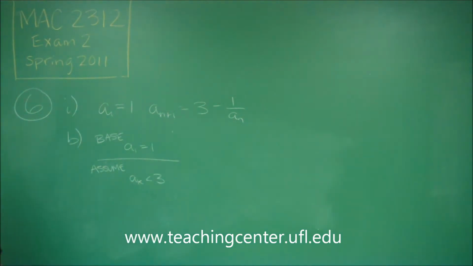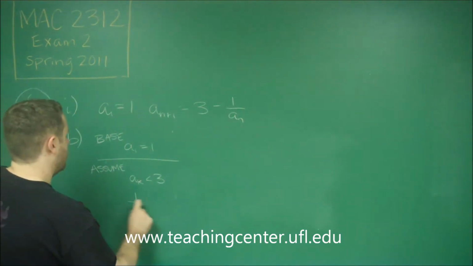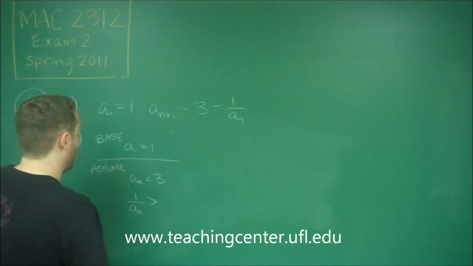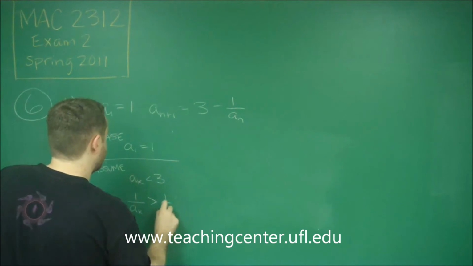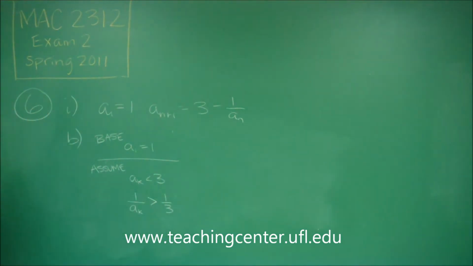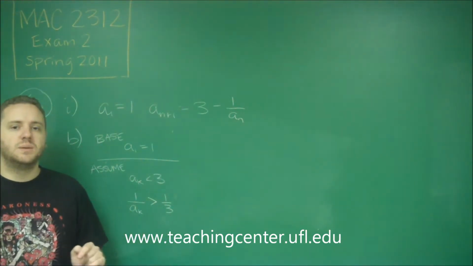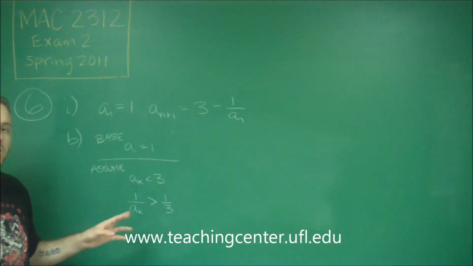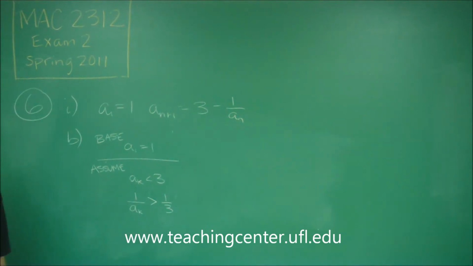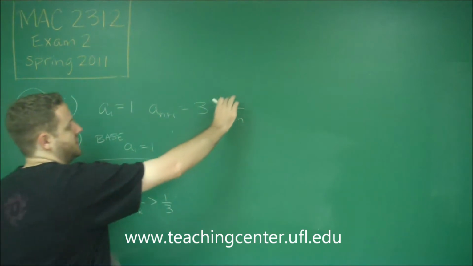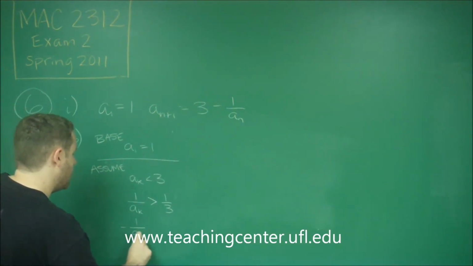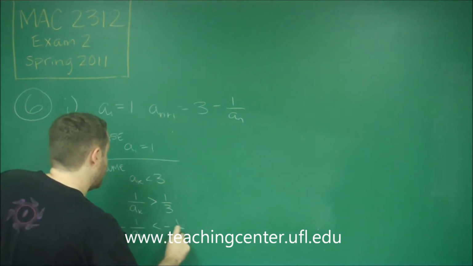So the first thing we need to do is reciprocate. If a sub k is less than 3, then 1 over a sub k is greater than 1/3. Remember, when you reciprocate each side of an inequality, assuming both numbers were positive, which we are going to do here, that flips the inequality sign. Now it needs to be negative. In making both sides negative, we have to flip the inequality again.